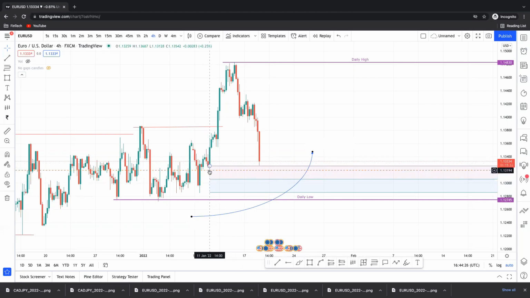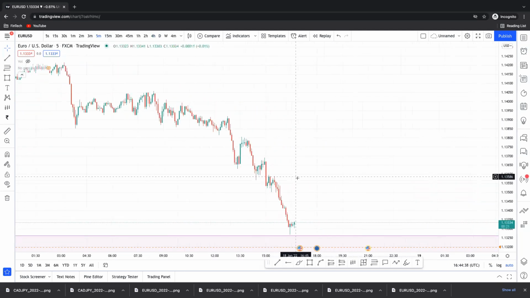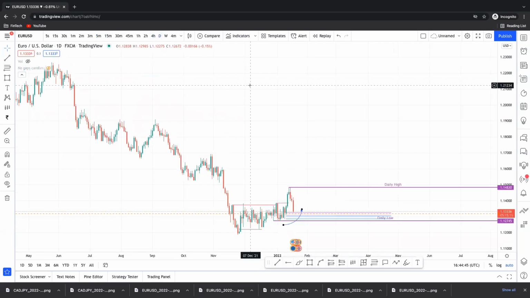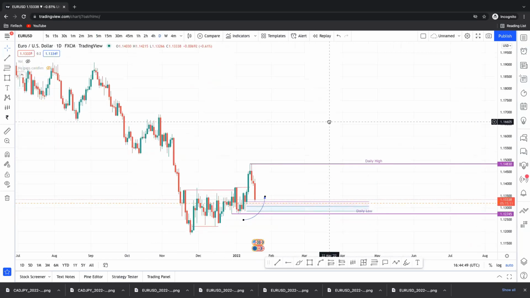So I would like some reaction from here, and today we'll continue with order flow or any 5-minute or 15-minute structure shift to the buy. That will be good from tomorrow. So this is for EU, and I already put the alert here.